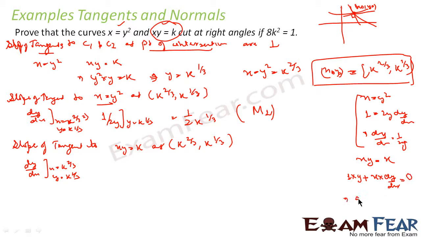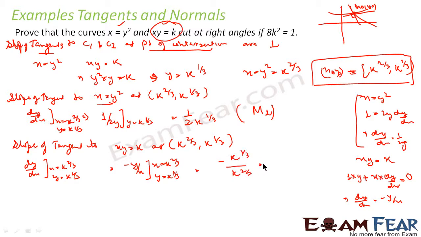So I get dy by dx as nothing but minus y by x, where x is equal to k to the power 2 by 3 and y is equal to k to the power 1 by 3. This is nothing but minus k to the power 1 by 3 over k to the power 2 by 3.